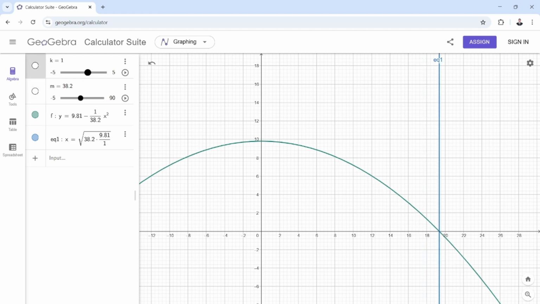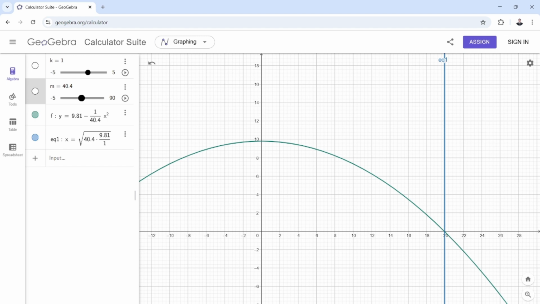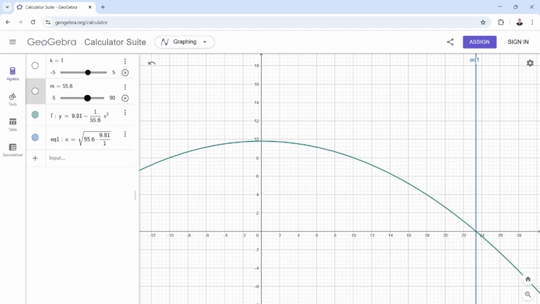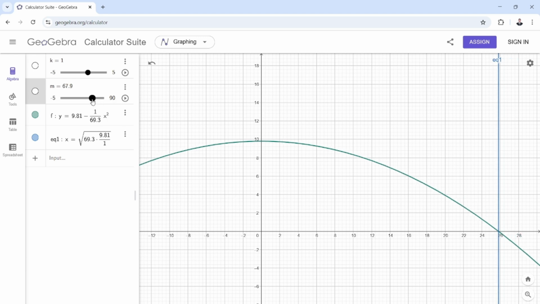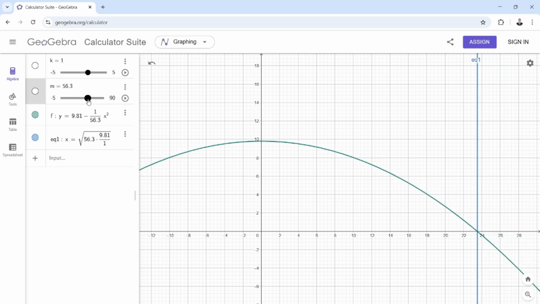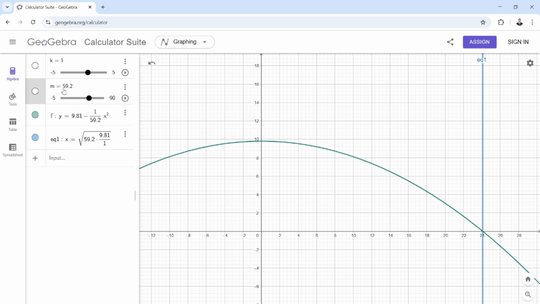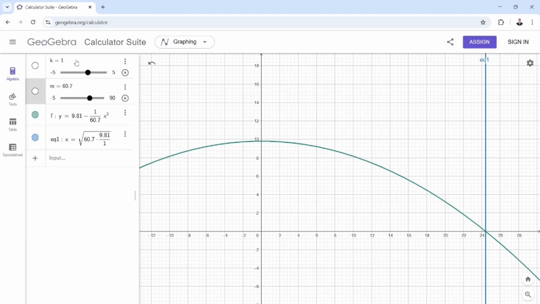We will set k as 1 and m as, say, 60. Let's set our k as 1 and our m as 60. So the value of k is 1 and the value of m is just 60.